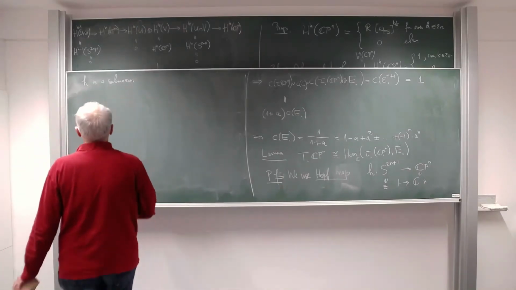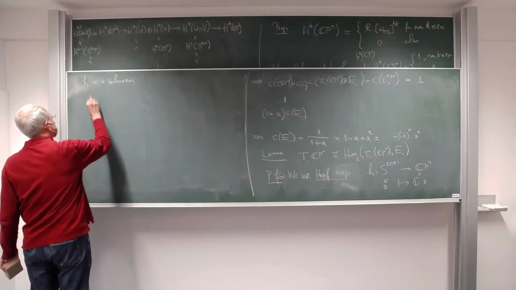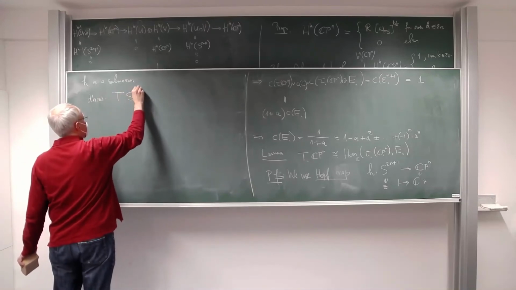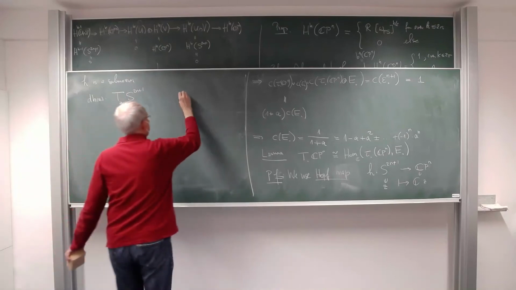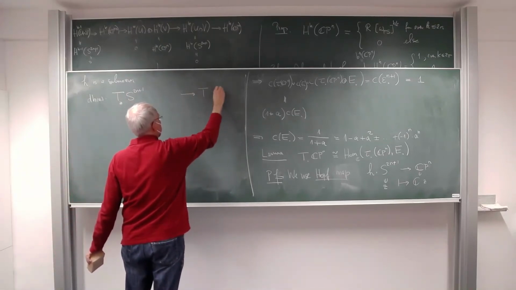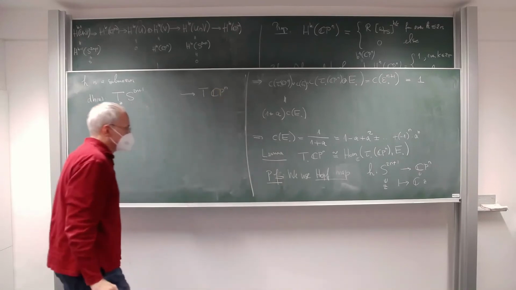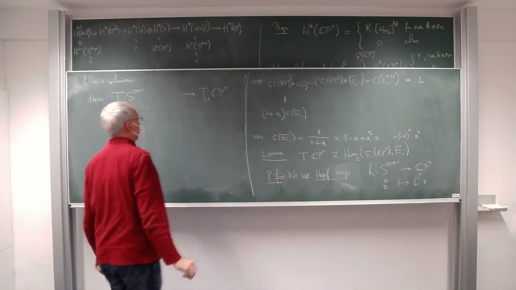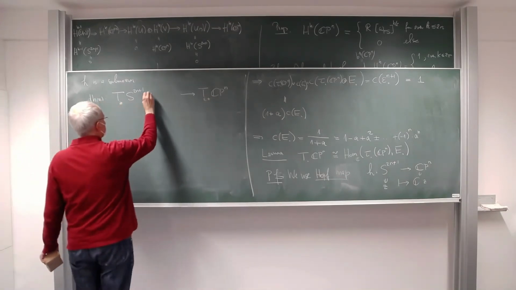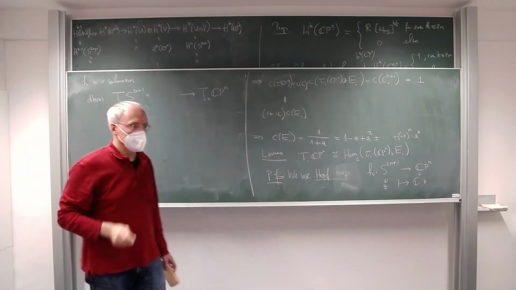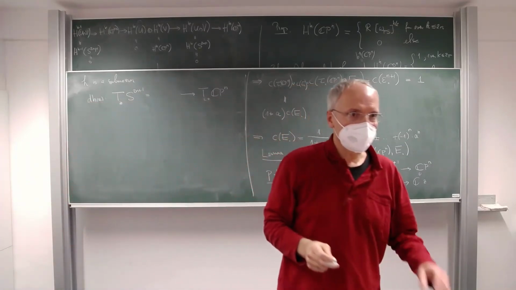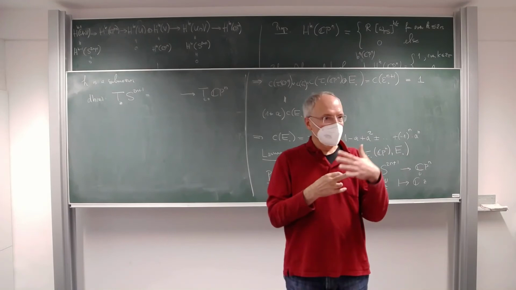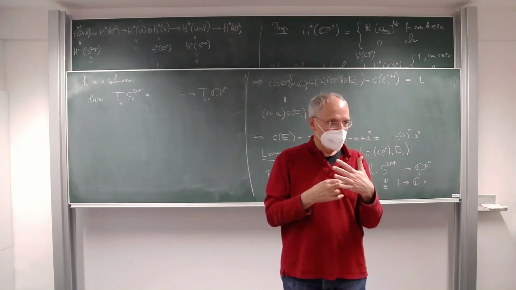And if we look at its differential at some point z, it goes from the tangent space of S^{2n+1} at z onto the tangent space of CP^n at the corresponding image point, which is the line spanned by z. The tangent space of a sphere we know very well: it can be naturally identified with the orthogonal complement of the base point, but we have to take the real orthogonal complement.